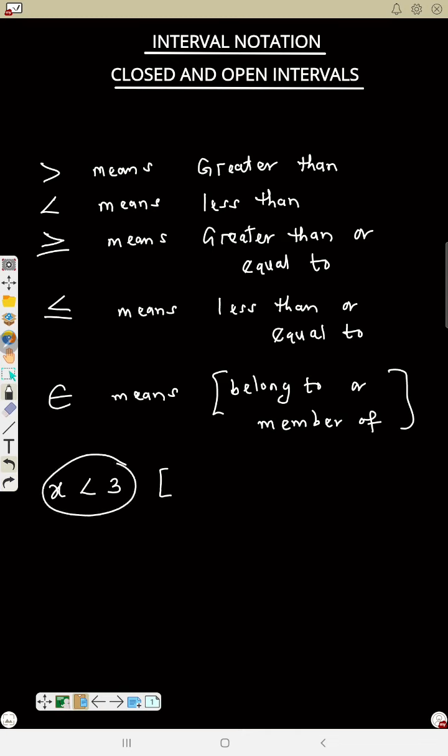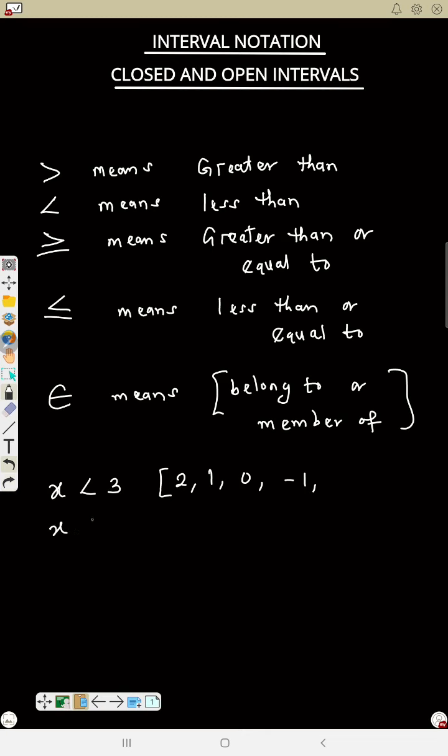That means the number will start from 2 because it is less than 3. So we can say 2, 1, 0, minus 1. So that means we are starting from 2.